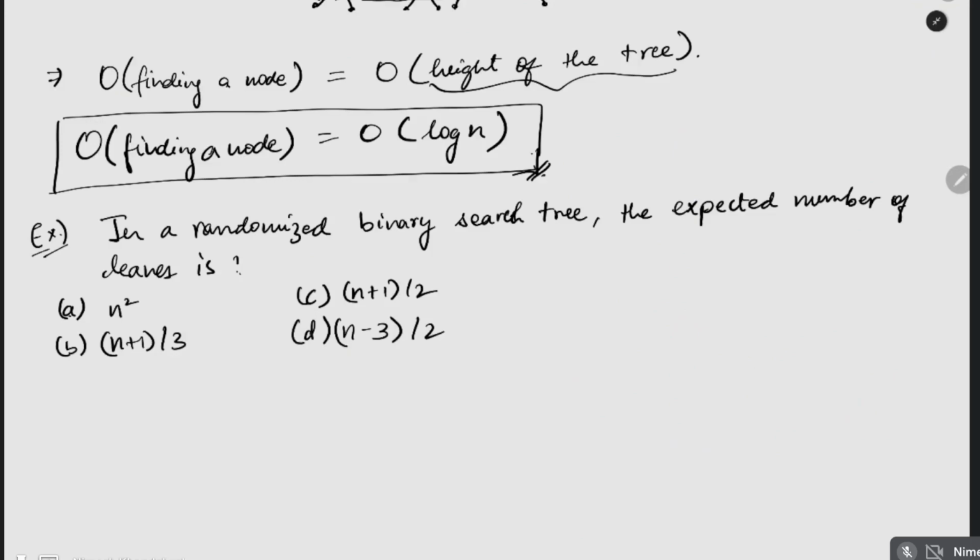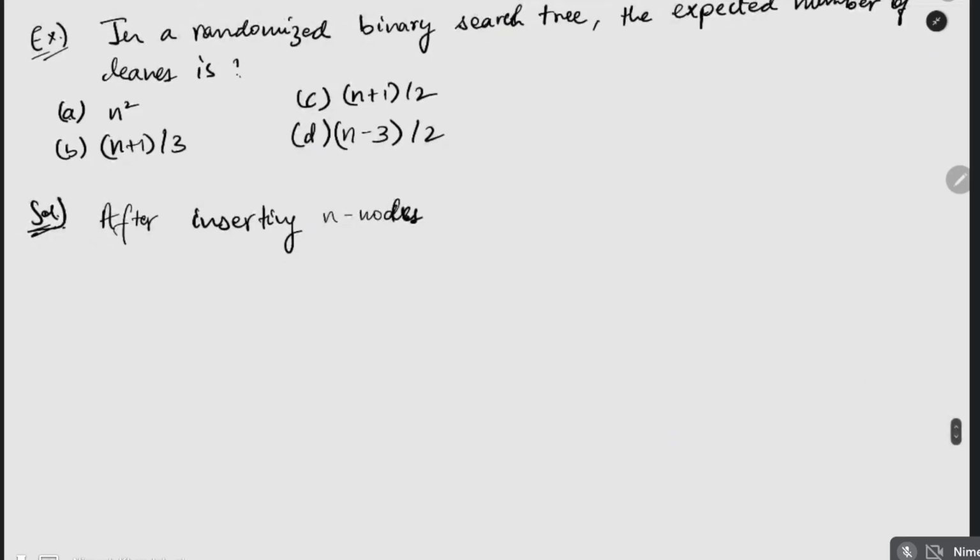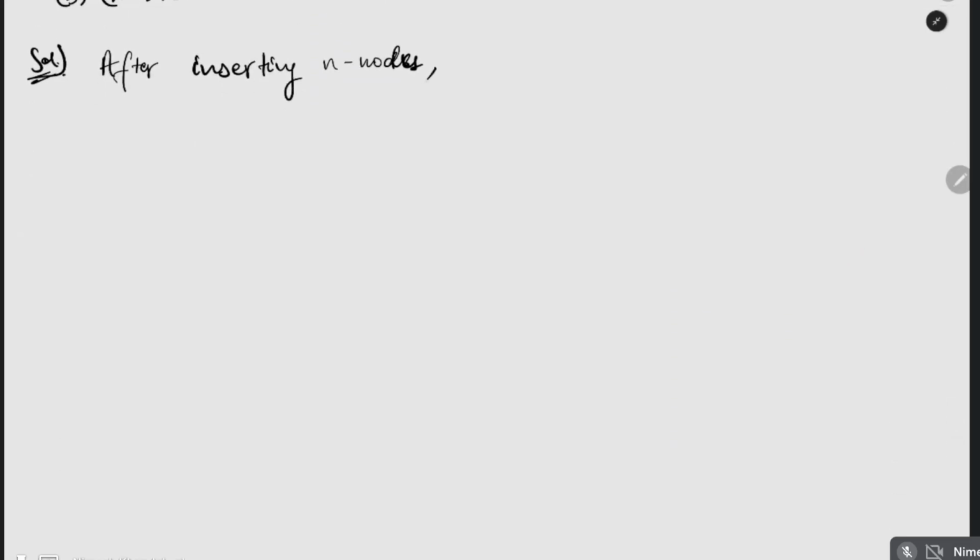Okay, so we can try to approach this as follows: after we have inserted n nodes, let's say we have f of n leaves.